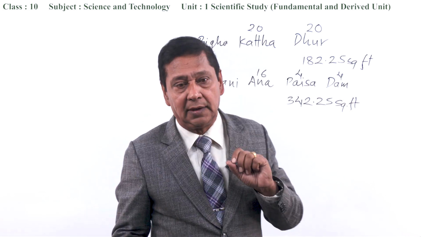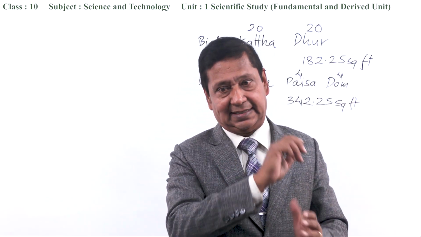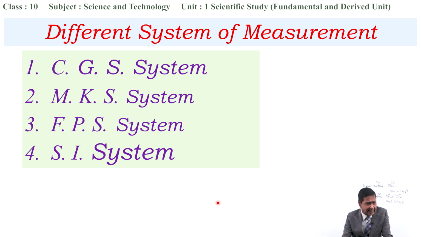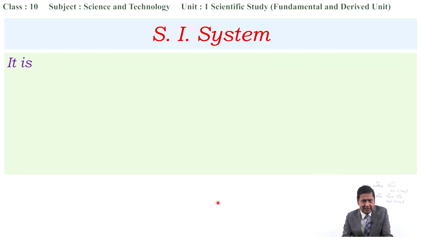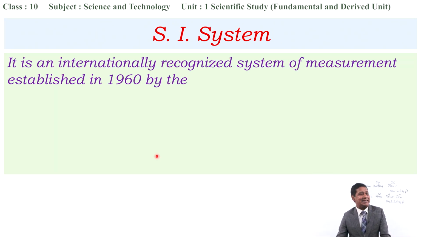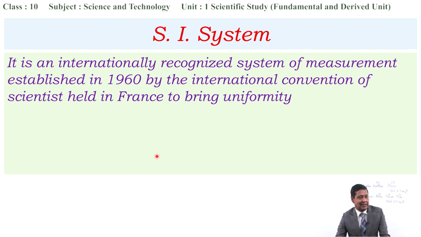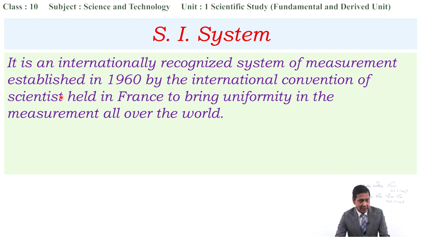Okay, now let's talk about the SI system. What is the SI system? We can define the SI system this way. It is an internationally recognized system of measurement established in 1960 by the International Convention of Scientists held in France to bring uniformity in the measurement all over the world.